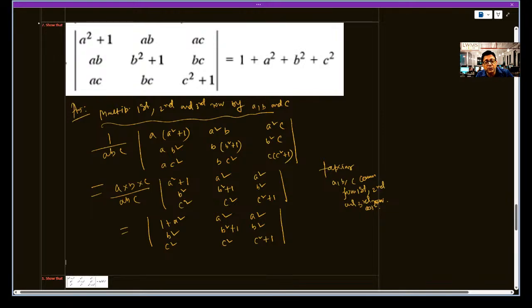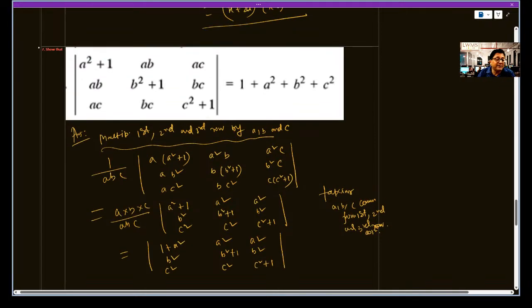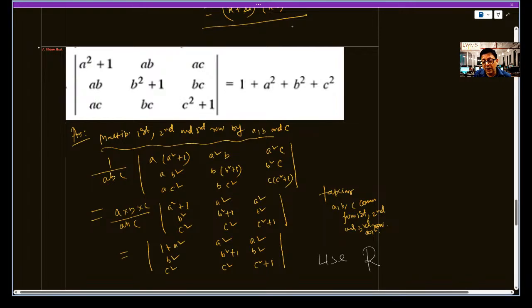Have I got it? No, I haven't got it yet. But I can get. I add second and third row elements to the first row. Just do it. Use this operation, R1 dash equal to R1 plus R2 plus R3. Just do it and check whether you have got or not.